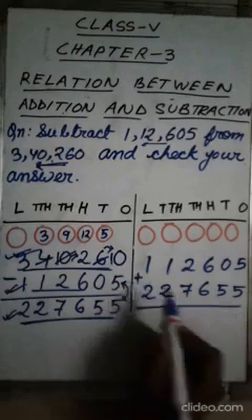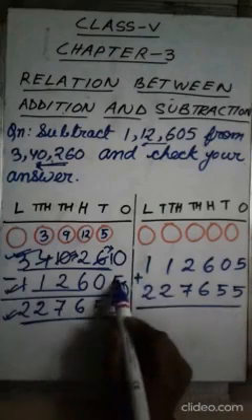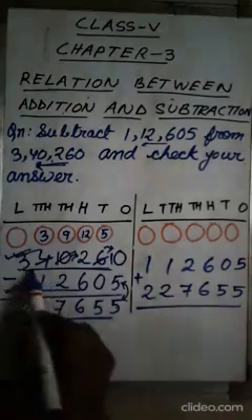We have to add these two, this number and this number, and we should get this number.